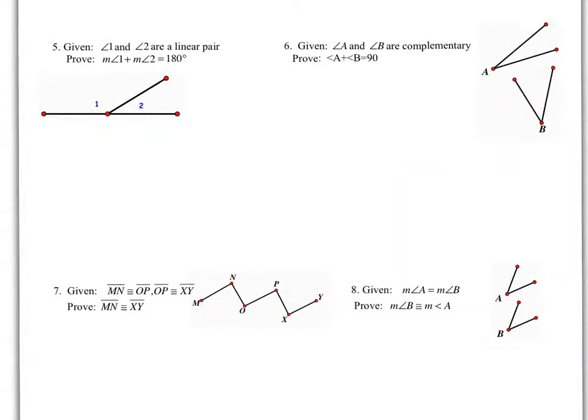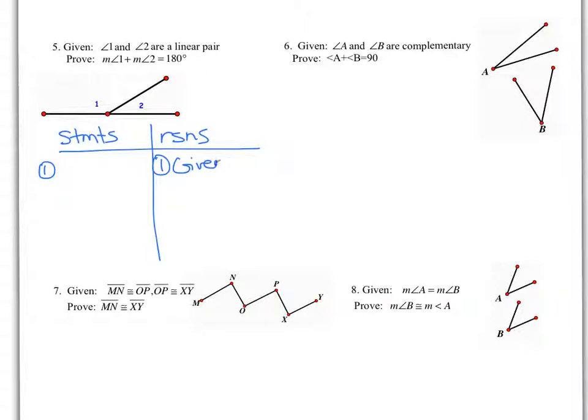Okay, so here's another one. This one has some angle measures in there. Given that angle 1 and angle 2 are a linear pair, prove that they equal 180. Like I said, you can always pause, see if you can do these on your own, and then jump back in and check with me.